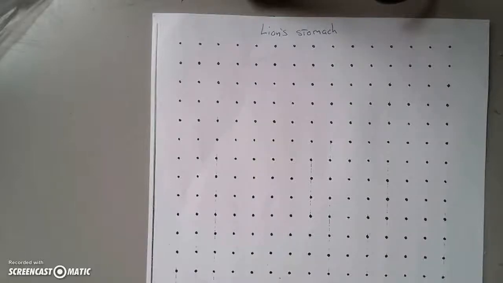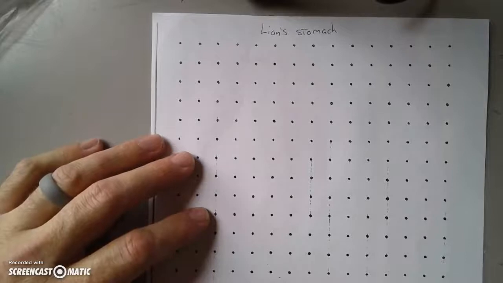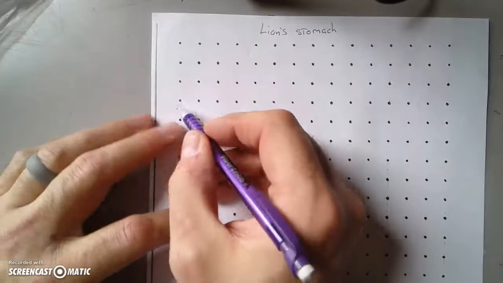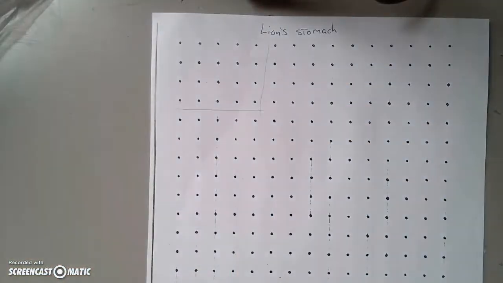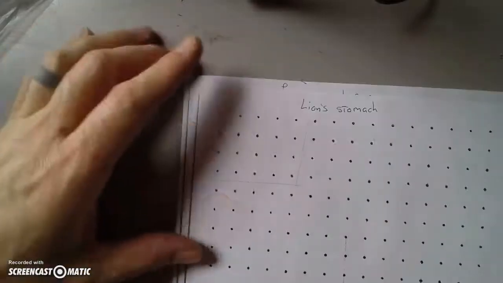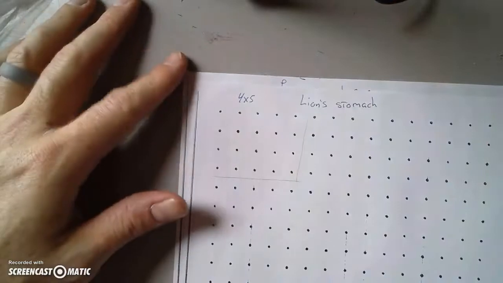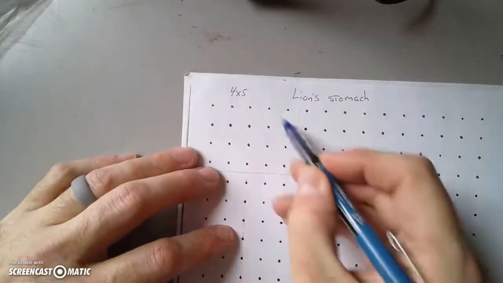Alright, so we're going to look at another algorithm, the lion's stomach algorithm, and it's a little gruesome. We're going to do a 4 by 5 grid, and here's how the algorithm works. It's sort of a wave.